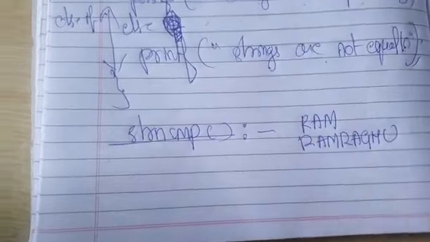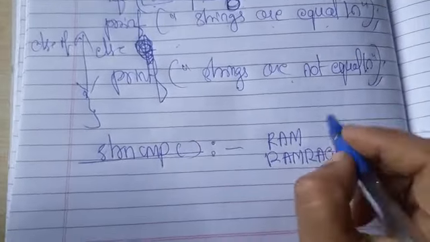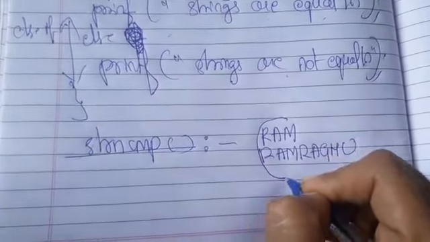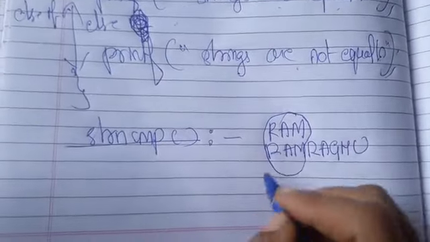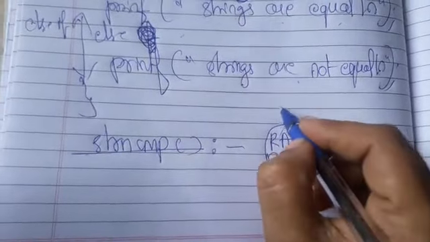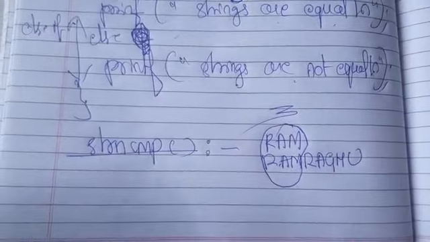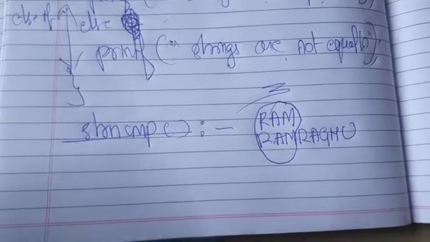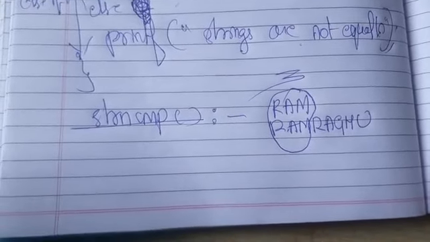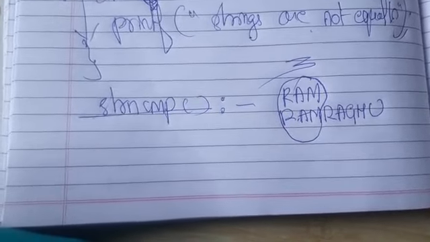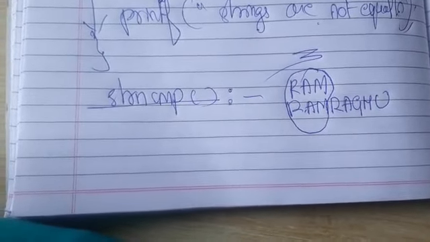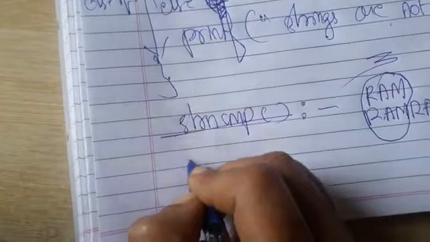Please try to understand. You want to compare only a specified number of characters of string 1 and string 2. Assume that only the first 3 characters you want to compare. For that you will be using strncmp. You may ask, madam, what is the syntax? Very simple.